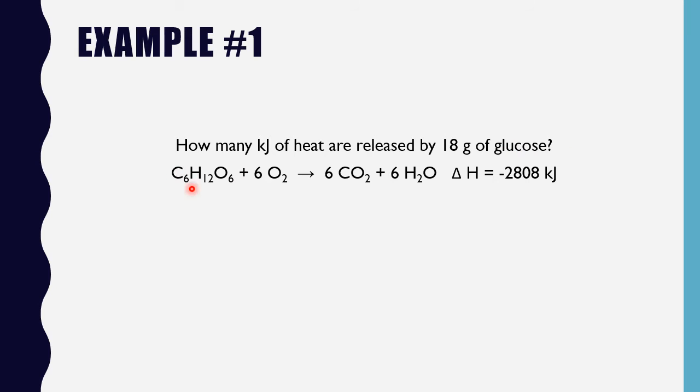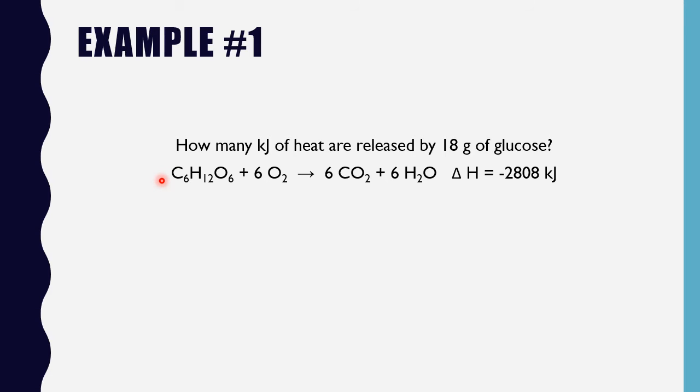Well, glucose is right here. Keeping in mind that in this chemical equation, each substance has a coefficient or a number in front of it. In front of the glucose, I don't see anything, but that number is there. The number is going to be 1. Each of those numbers represent moles. So in glucose, you're looking at 1 mole.